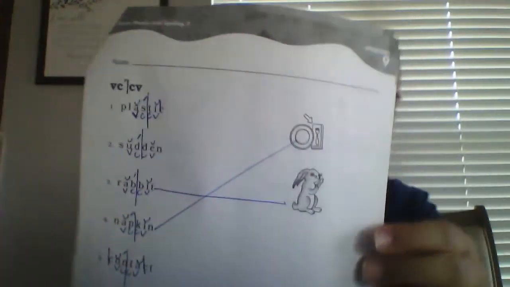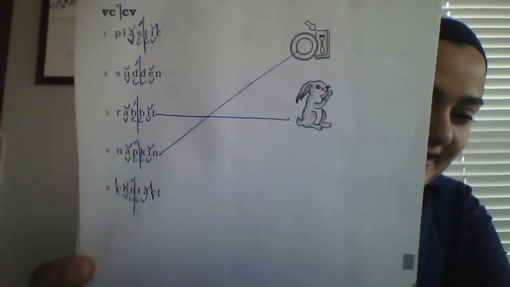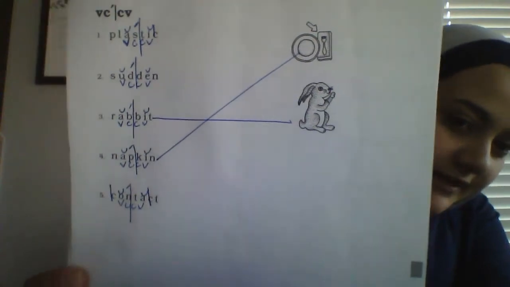Contact, V, C, C, V. The division line goes between C and C. The breve goes on O and A. The hook goes on the C in contact, the first C and the last C. And then you have an accent mark that goes in the beginning part of the word. Okay? All right, so your paper should look like this. If it doesn't, go ahead and make sure it looks like this. And you can pause the video now.